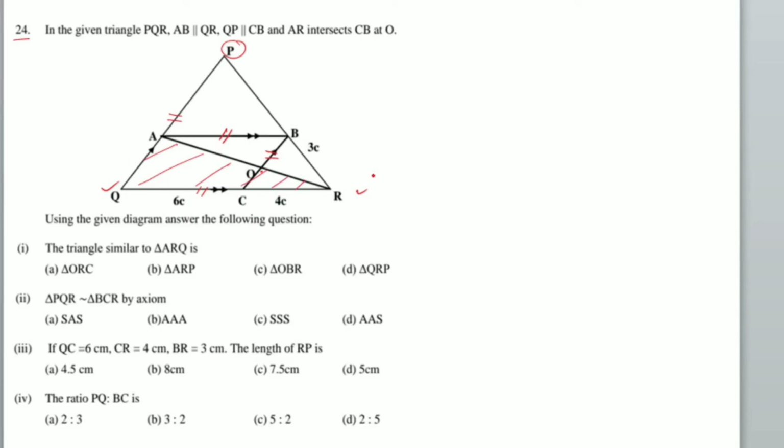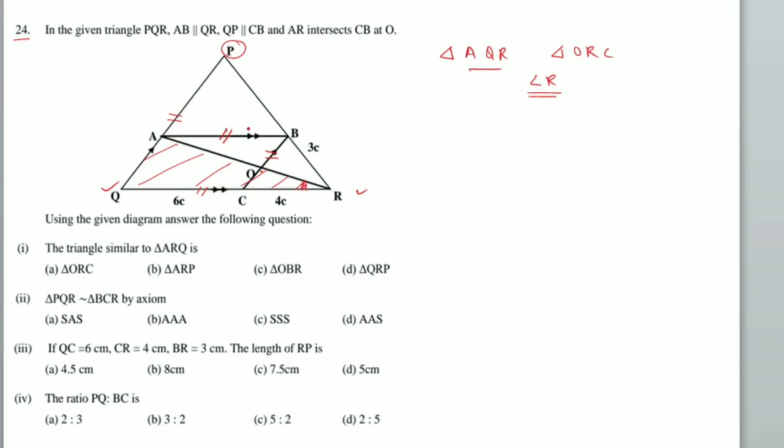We know from the similarity condition that if two triangles are similar, then at least two pairs of angles of these triangles will be equal. Now we find out which triangle is similar to triangle ARQ. Here R is common between them. If we take triangle ORC and triangle AQR, angle R is common, and it is the same for both of them.